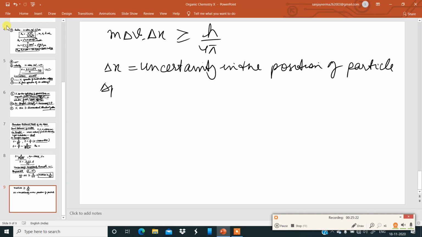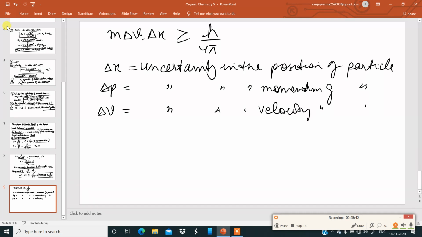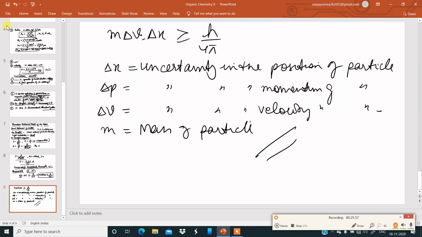The next one is delta P, the uncertainty in the momentum of the particle. Then delta V is called uncertainty in the velocity of the particle. And lastly, m is called the mass of the particle. So these are the abbreviations from Heisenberg's uncertainty relationship.